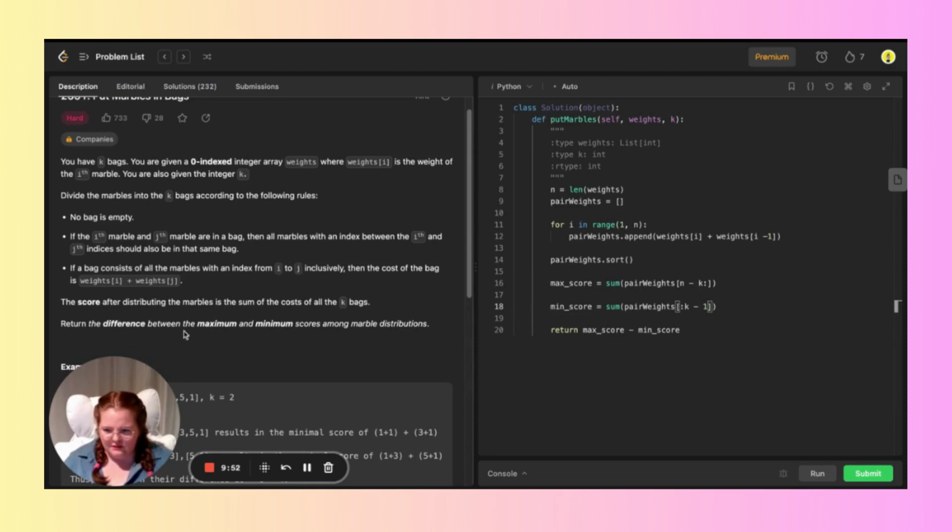And then the difference, right? So max score minus min score. Okay, look at this: collect the value of every pair of weights, sort the pairs, this for the largest, this for the smallest.